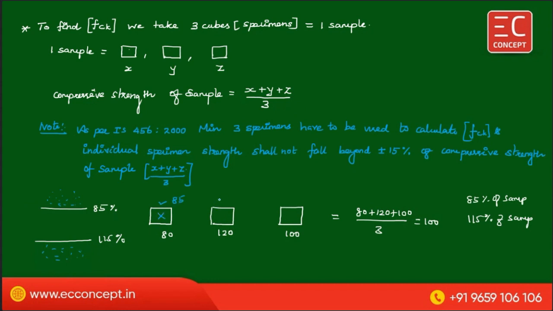The next one is 115, 1.15 into 100, and this shall be 115, not more than this, but this is unacceptable because it is 120, more than 115. Now this is 100. Yes, this is acceptable because this is in between 85% and 115%. So only the third cube, 100, is acceptable, as set by the code.